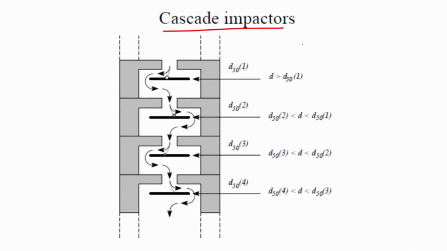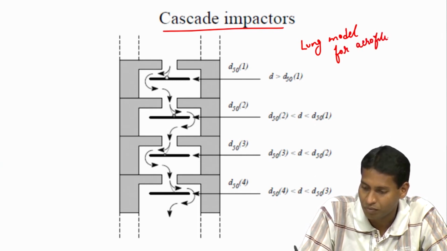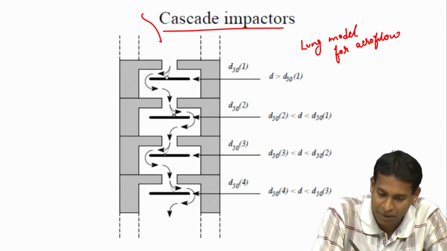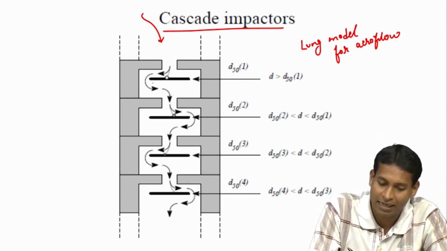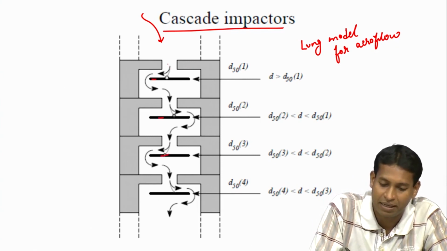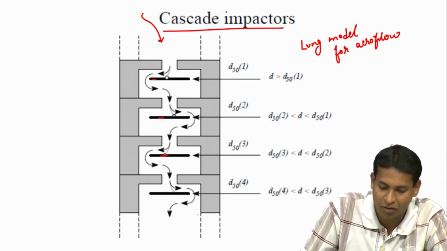This is nothing but a lung model for aeroflow, and it contains a pump that is pumping in air at a similar velocity to what we breathe in, and it has several plates which are acting as the bifurcation points in our bronchioles, and several of them.